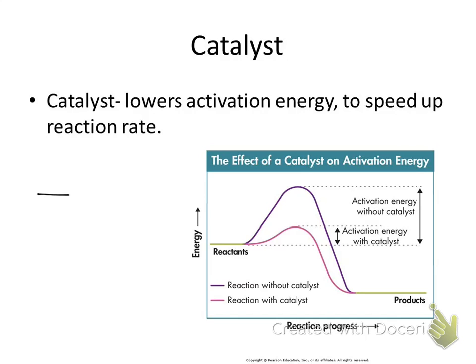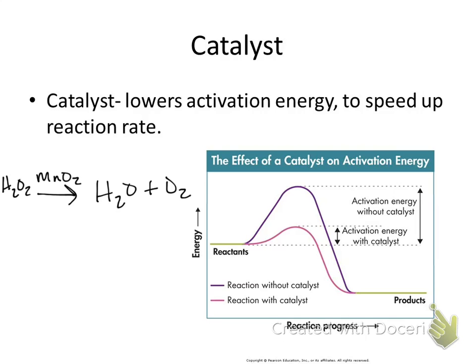I said that when you see an arrow, but then it has a compound or an element written above it, that means that there's a catalyst present. Using our example from class of the decomposition of hydrogen peroxide, it's still going to break down into the same process, still going to make oxygen and water, but it's going to just happen faster.